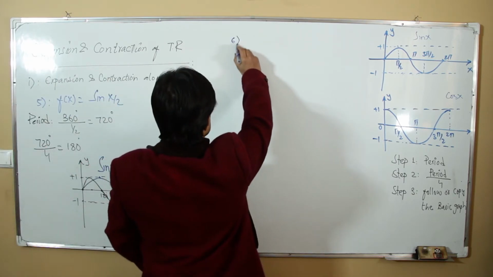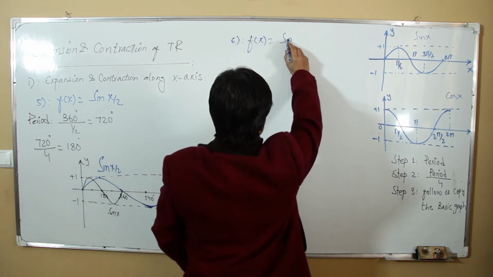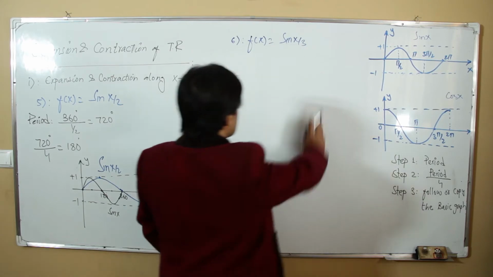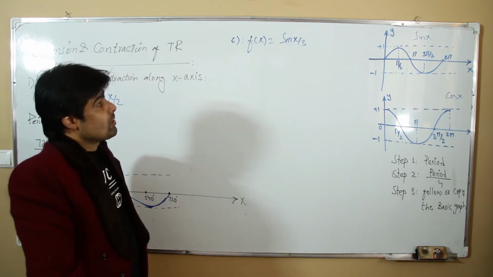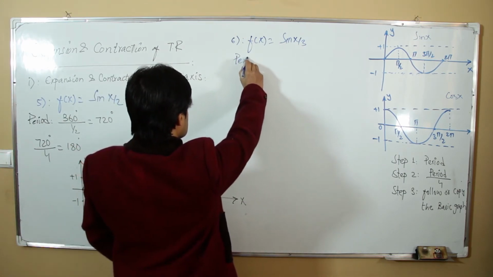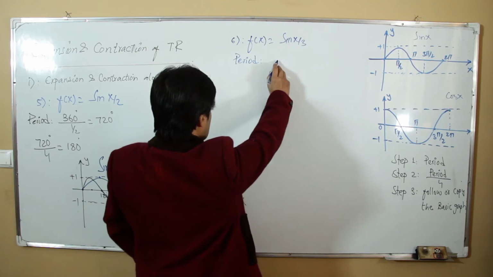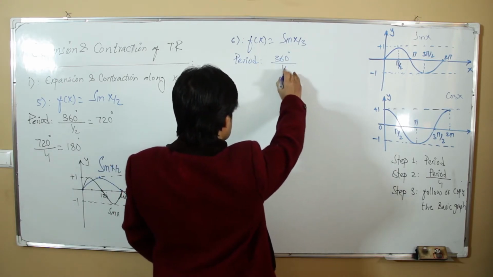Example number 6. f(x) equals sine x by 3. Now, how can we draw this graph? First you have to find the period. For the period of the sine, it's 360 degrees divided by 1 by 3.